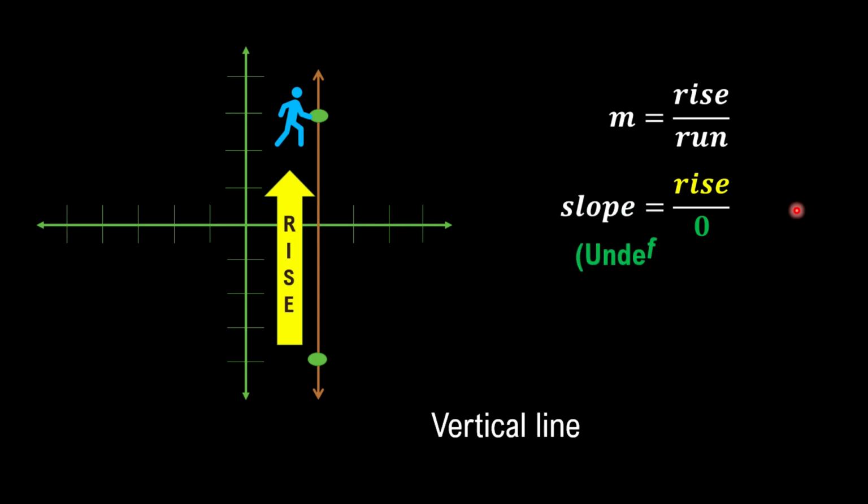And any number divided by 0 is actually undefined. So, again, if the slope is undefined, the line is vertical. Also, if we have a vertical line, kagaya ng ating y-axis dito, that's a vertical line, the slope is undefined. Kasi nga, if we divide any number by 0, that is undefined.